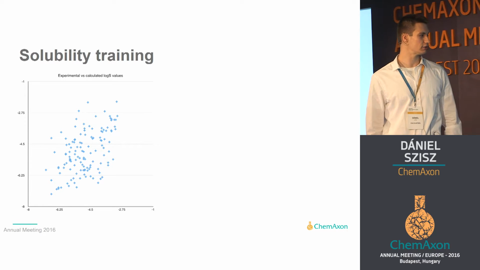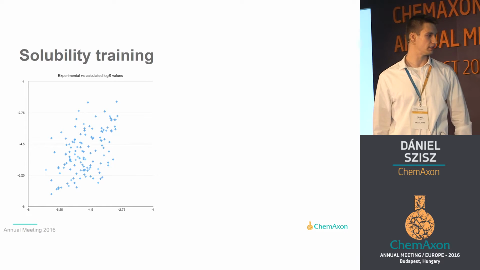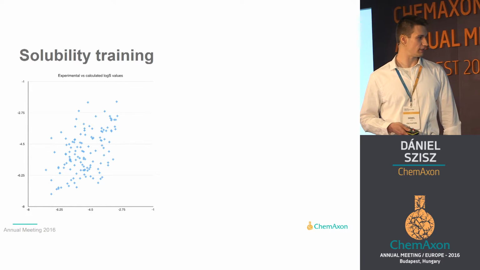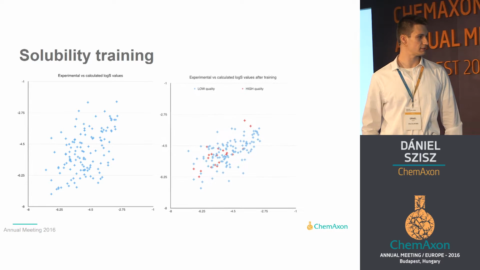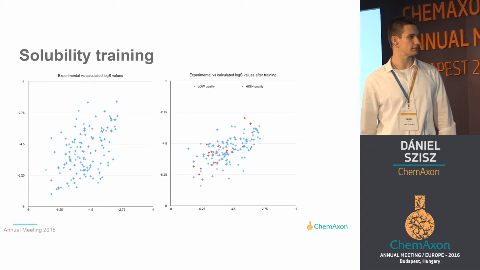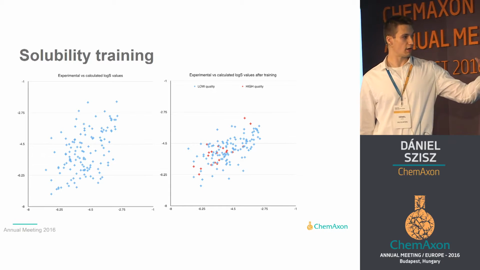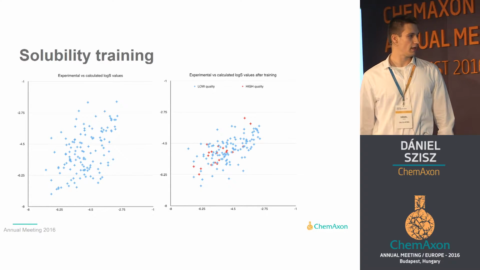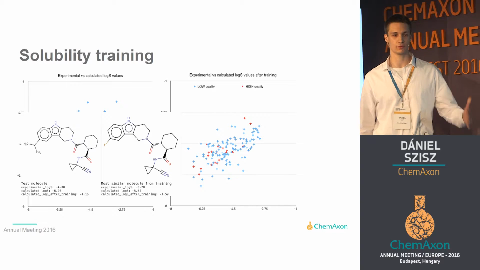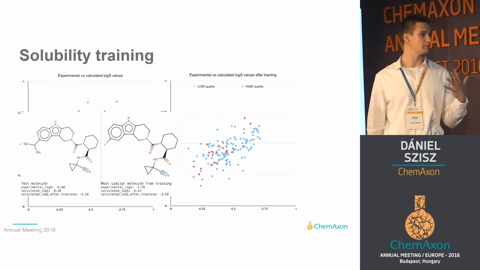On this plot, I show the initial results before the training on a small test set. And on the right side, you can see the same result, but after the training. The training was introduced using ECFP fingerprints, so some kind of similarity.